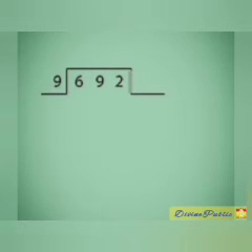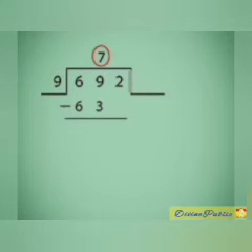So divide 69 by 9. 9 multiplied by 7 is equal to 63 and 9 multiplied by 8 is equal to 72, which is greater than 69. So we take 9 multiplied by 7 is equal to 63. Write 7 in the quotient and subtract 63 from the 69. It gives remainder as 6.